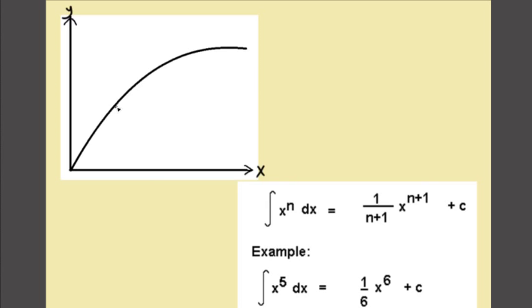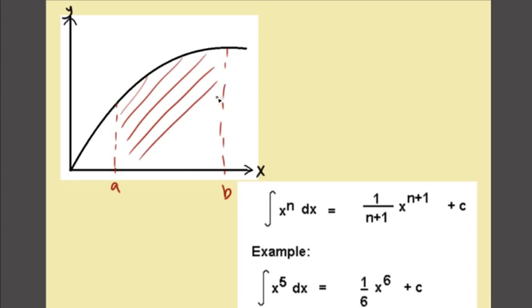So for example, if you were told, integrate this function between the point A and the point B, what integration does is it finds the area underneath those 2 points on that curve.